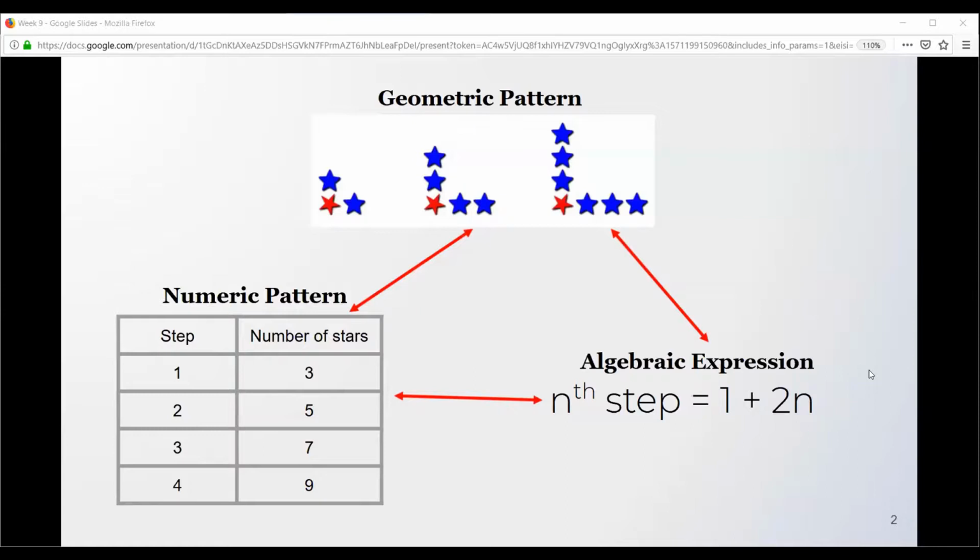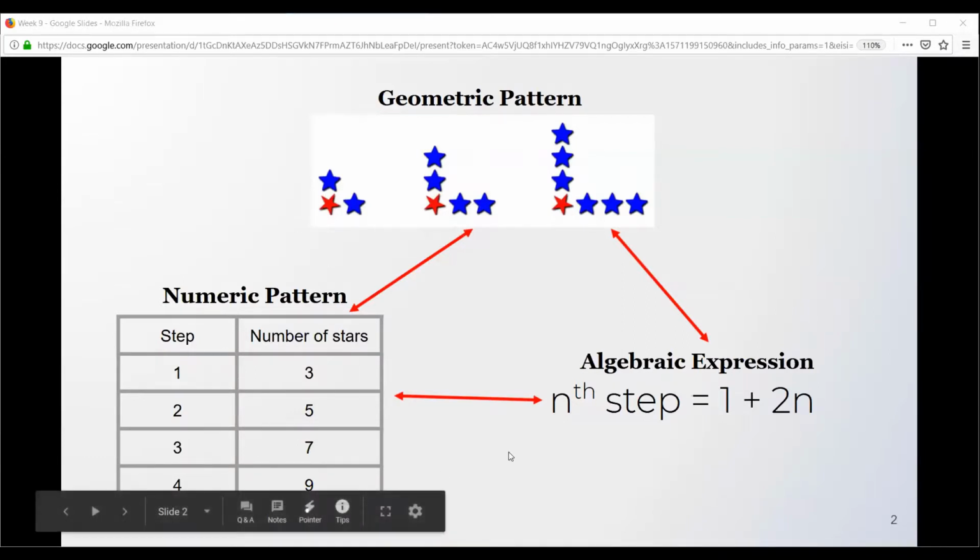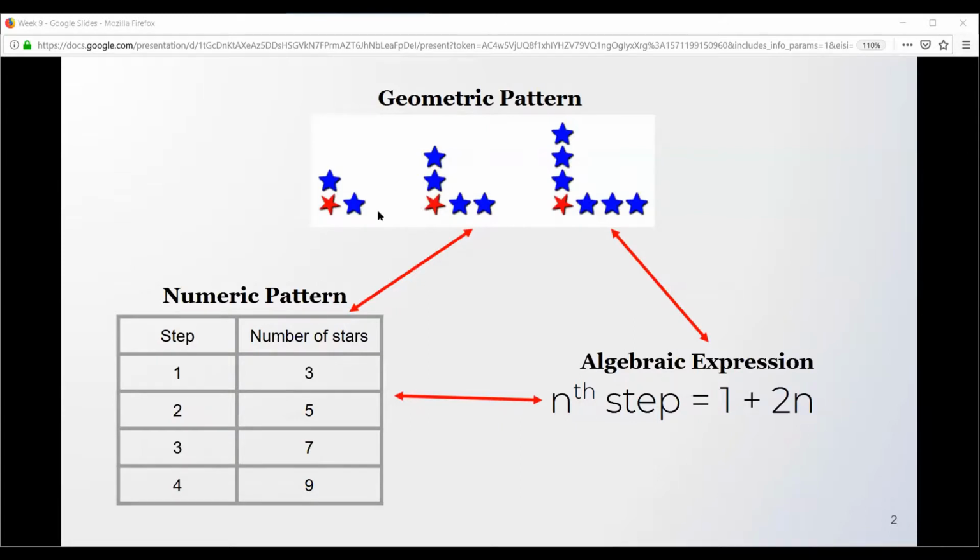This is the basic idea of what we're going to be doing. We're going to be having a geometric pattern with steps, a numeric pattern, and a resulting algebraic pattern. In this particular geometric pattern, we have 3 stars, then 5 stars, then 7 stars, and we can anticipate what the next step might be.